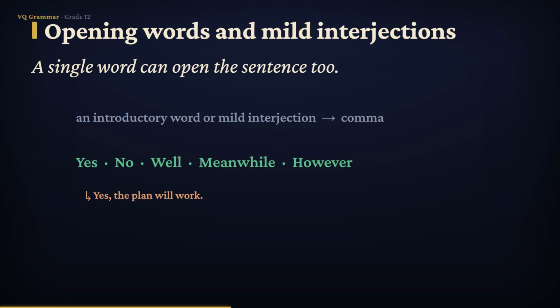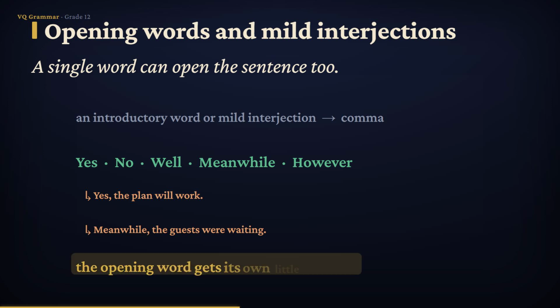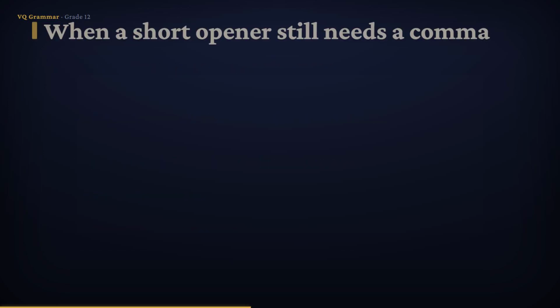Yes, the plan will work. Well, we can try again tomorrow. Meanwhile, the guests were waiting in the hall. Each of these opening words gets its own little pause, a comma, before the main sentence gets underway. It's a light touch, but it keeps the introduction from running straight into the clause.